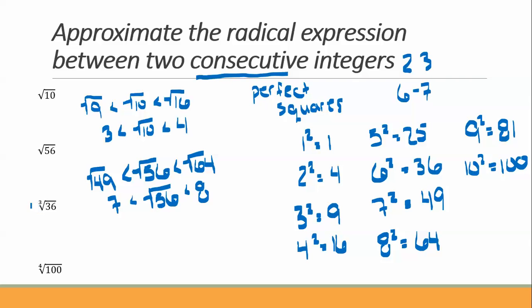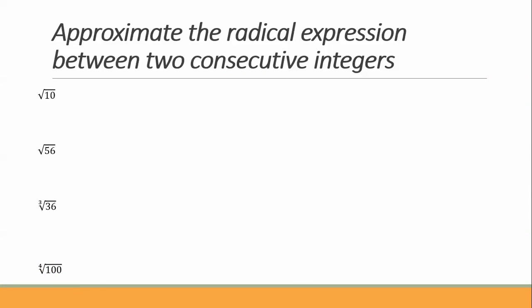The cube root of 36. These were square roots, so we were looking at perfect squares. This is a cube root, so we have to look at perfect cubes. So let's erase that stuff and let's look for perfect cubes.